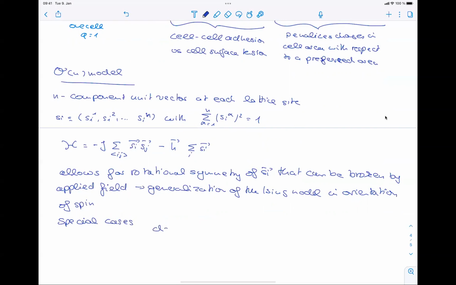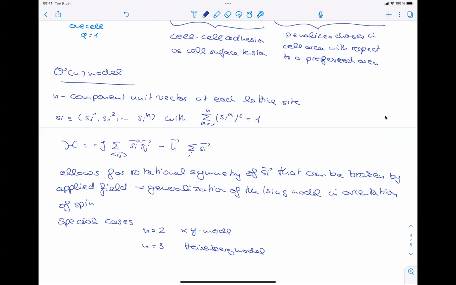For n equal 2, we talk about the XY model. And for n equal 3, we talk about the Heisenberg model. So n refers to the degrees of freedom of your individual spin in space, like how many degrees of freedom it can have, but not saying anything yet about the lattice they're living on.